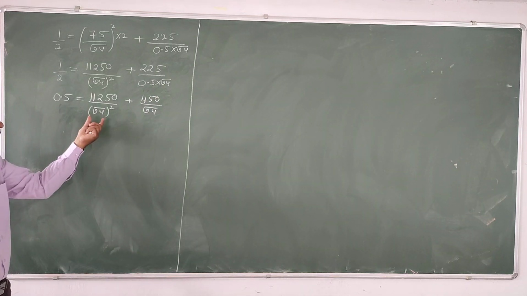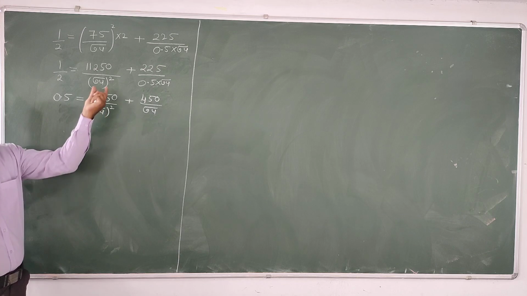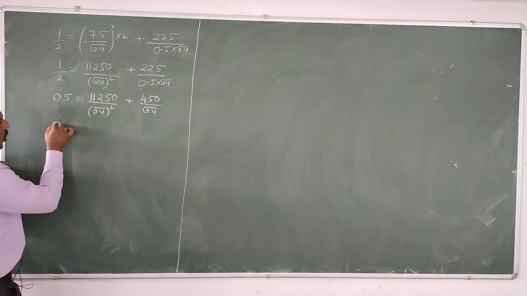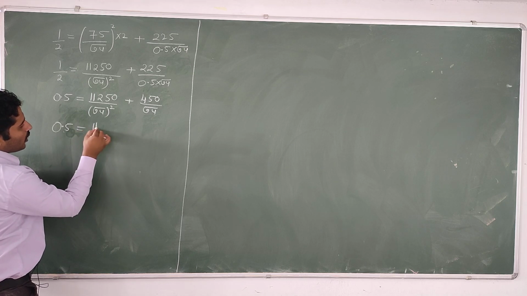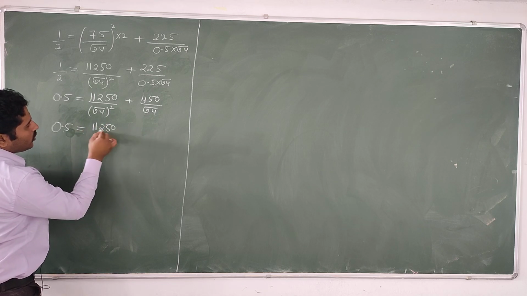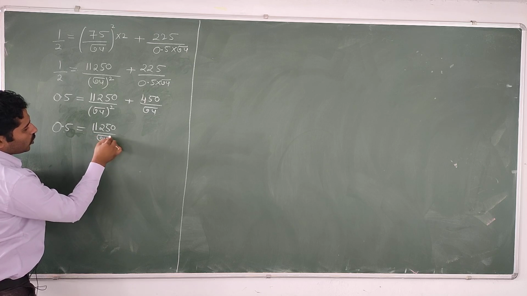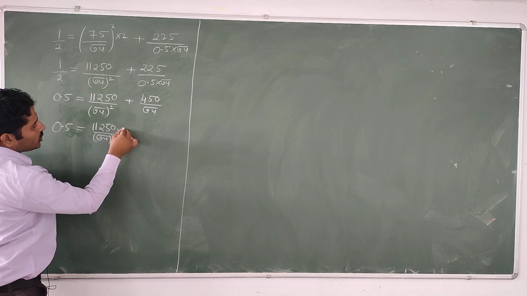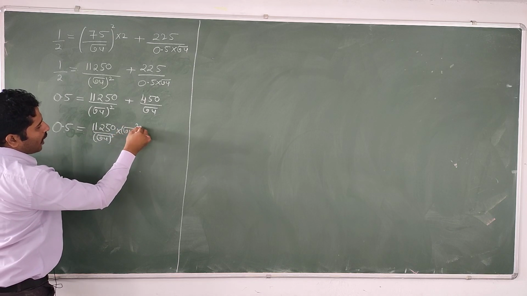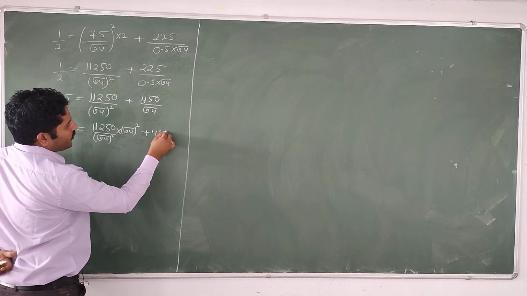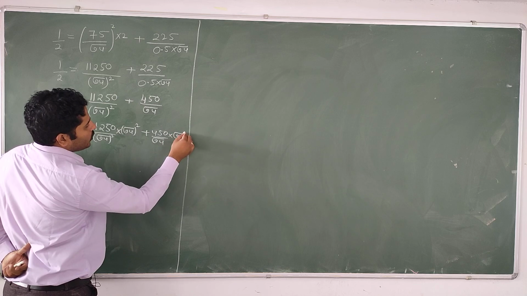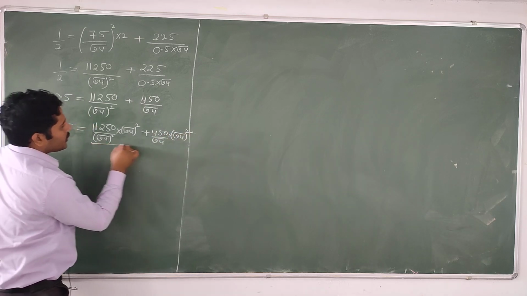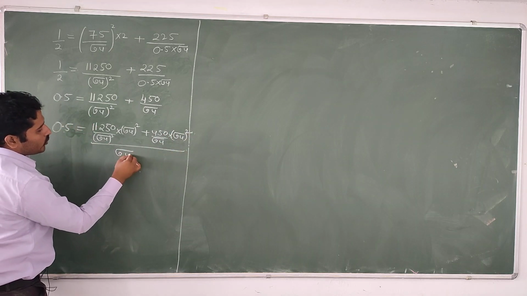Taking sigma u whole square as common, 0.5 equals 11250 by sigma u whole square into sigma u whole square, plus 450 by sigma u into sigma u whole square, divided by sigma u whole square.